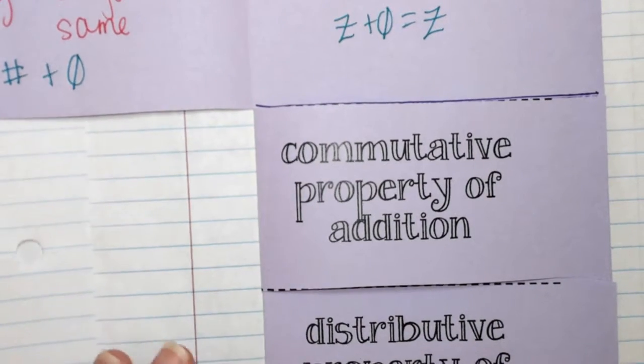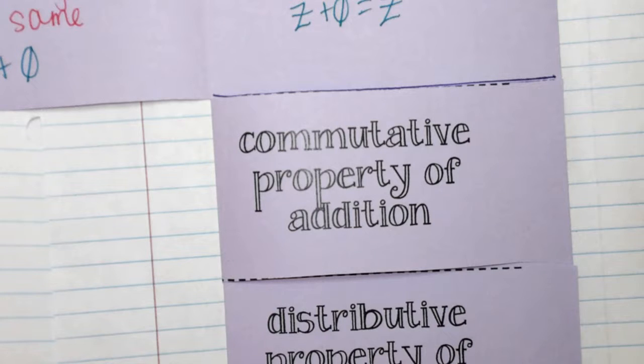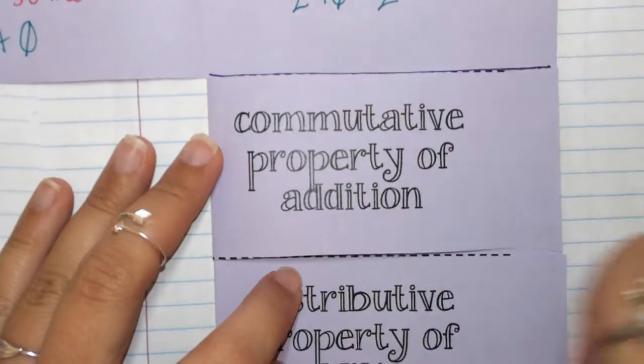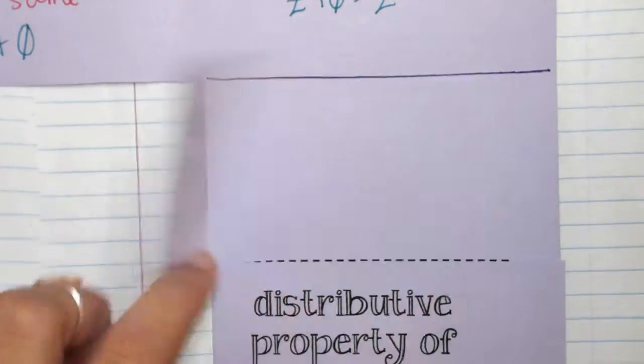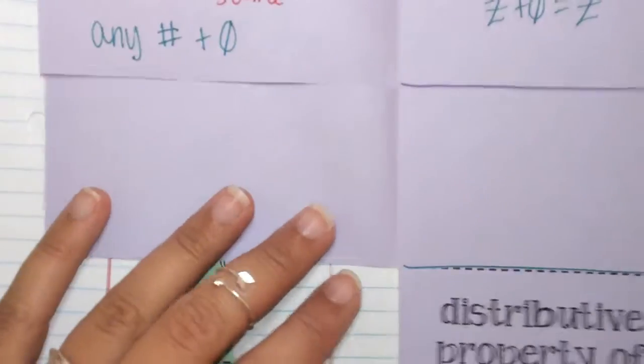Okay, so for associative, if I make you work in different pairs, you're still the same group though, right? You're just working with a different person. So commutative is if you change your position, if you change your seat. Sorry that I got them backwards, I got excited.